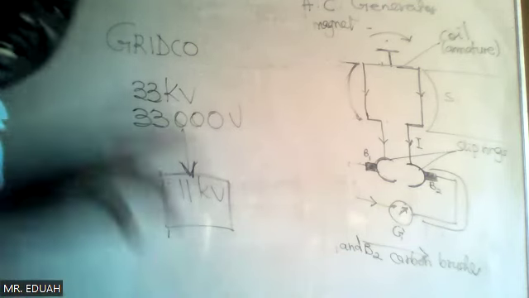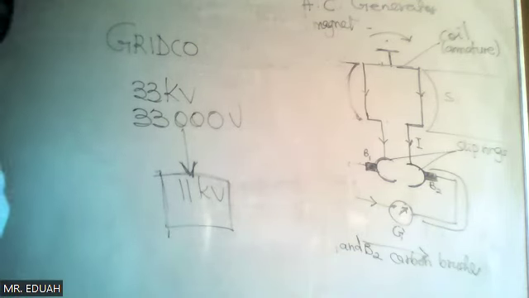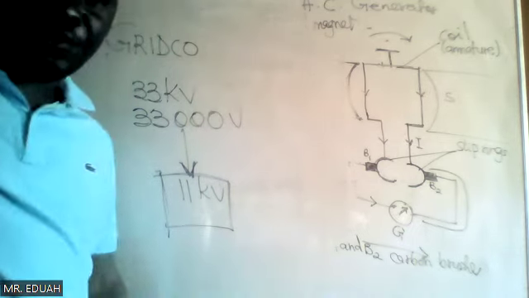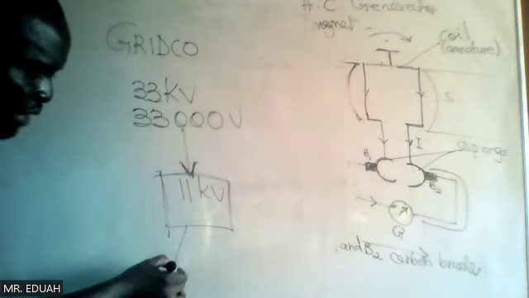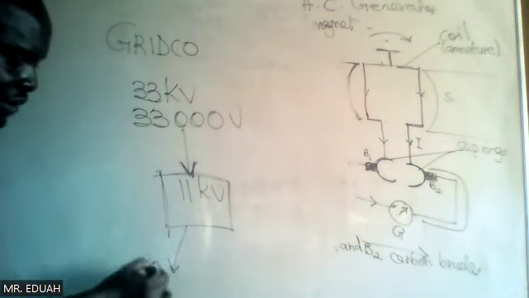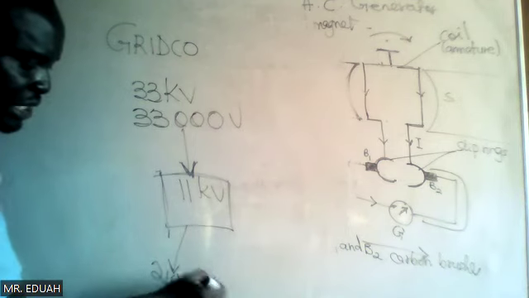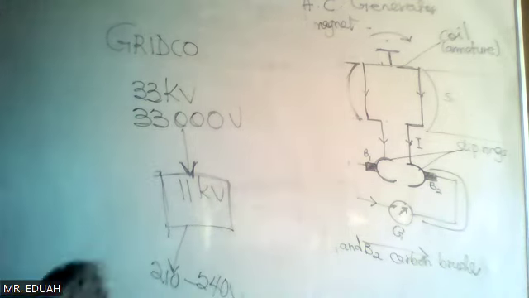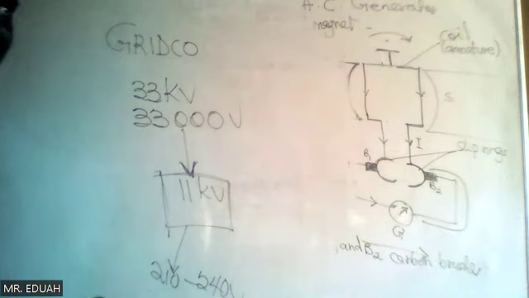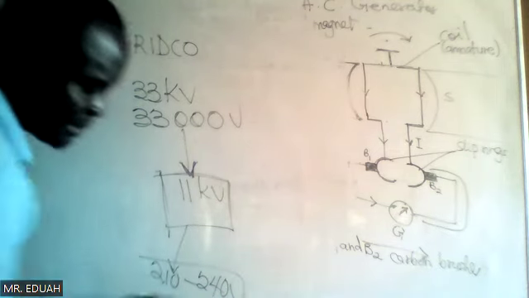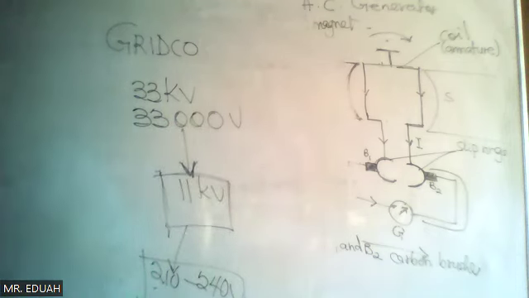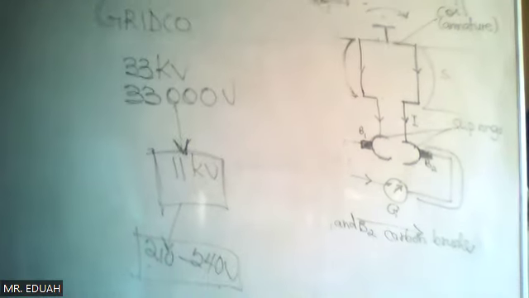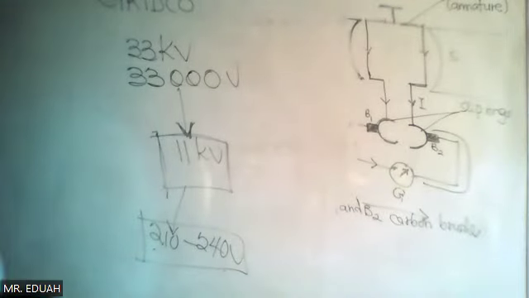For domestic usage, as in powering bulbs, TV, and fridges and all that, the transformer must further step it down to 210 to 240 volts. So the voltage we use in our homes is within this range. So that is how it works.